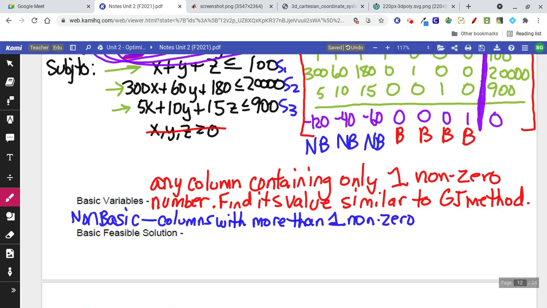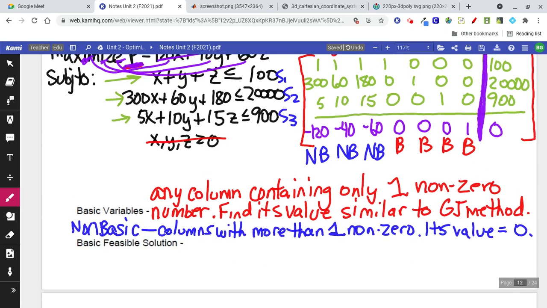All right, any column with more than one non-zero number is going to be a non-basic variable. Okay, its value equals 0. All right, so we can calculate the values of those variables using this method.